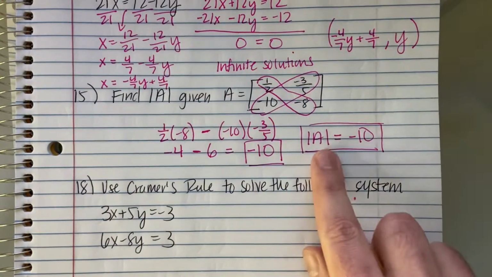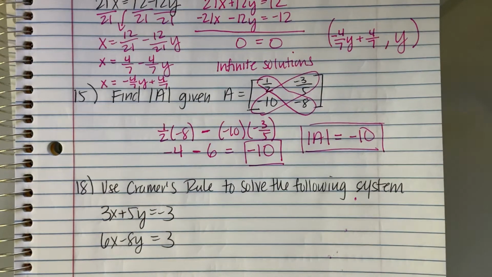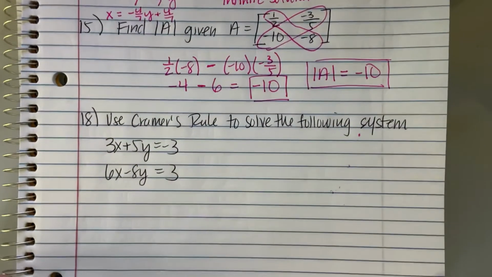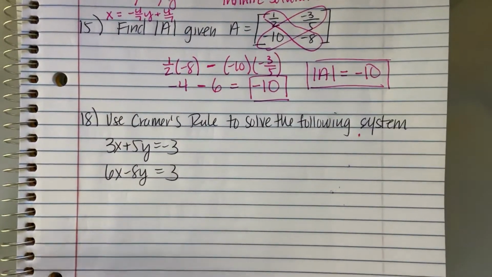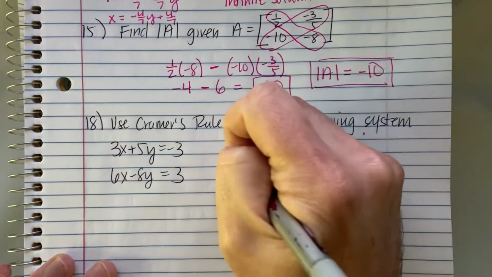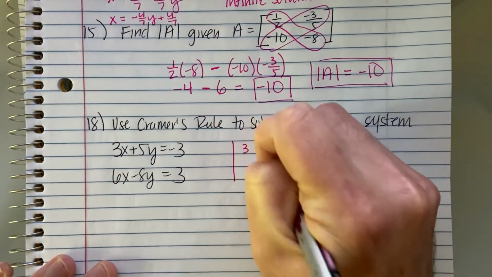Usually it will have this already on you if it's on a problem, so I would just make sure you see what they already provided you. But I will always go back and give partial credit if something like that happens. Lastly, use Cramer's rule to solve the following system. So Cramer's rule for a 2x2 is where we've got our original determinant with the coefficients.